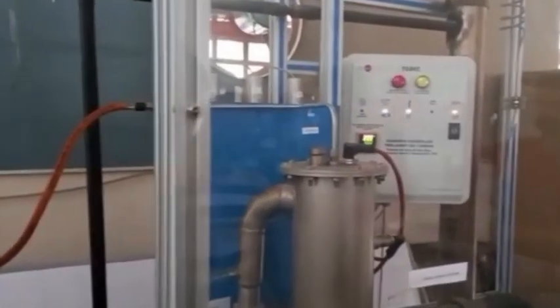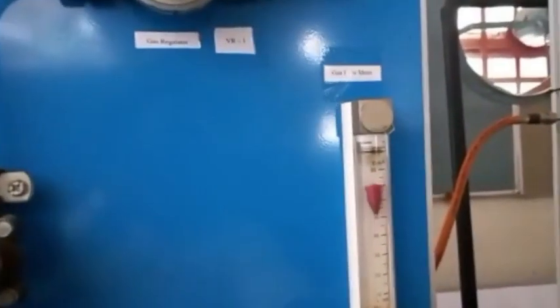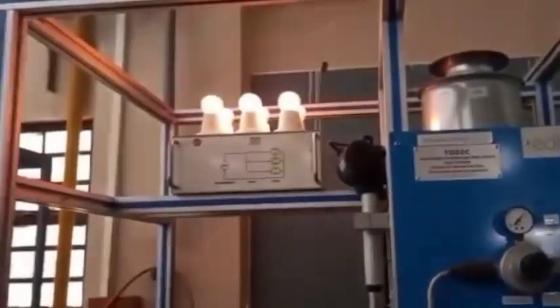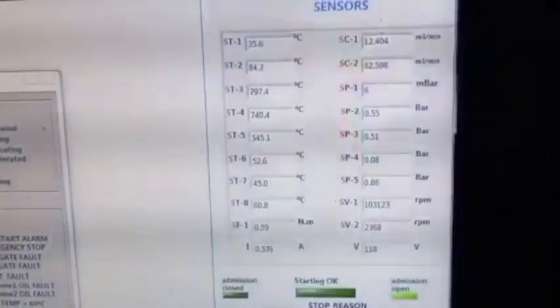You can see that it's working on this turbine. These are fuel, the RPM is very high with high intensity.